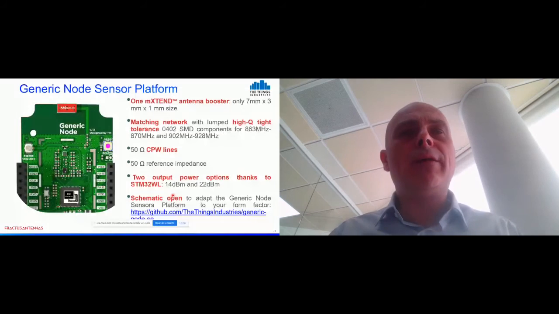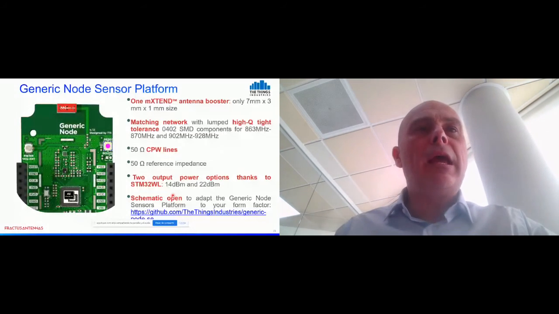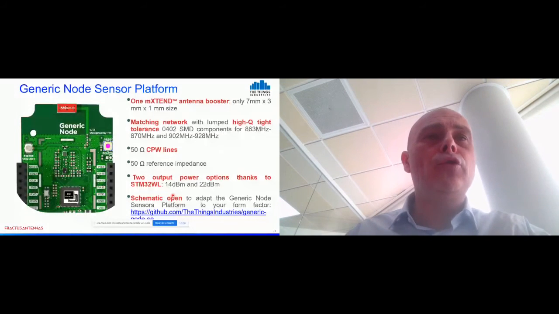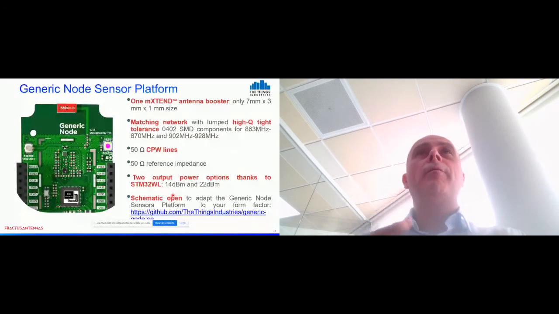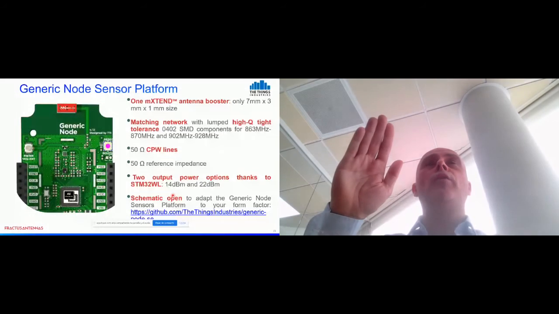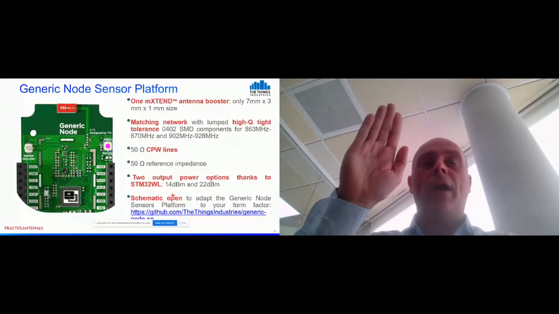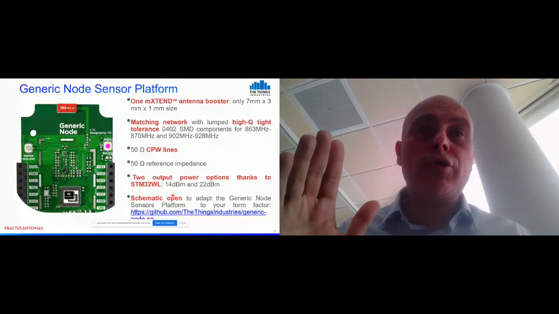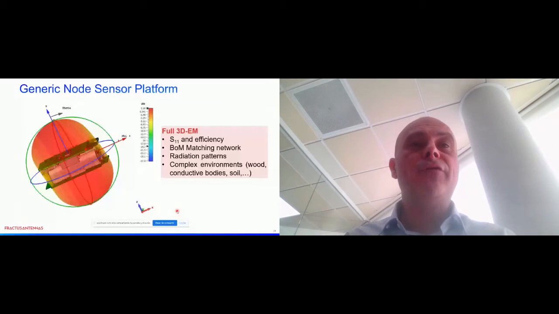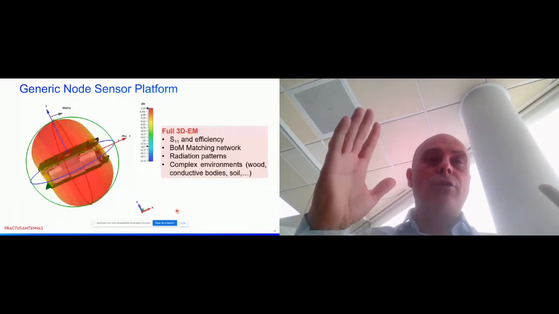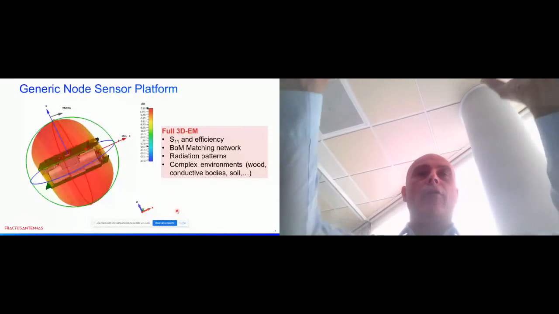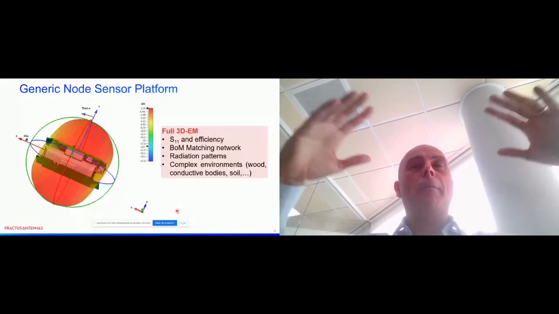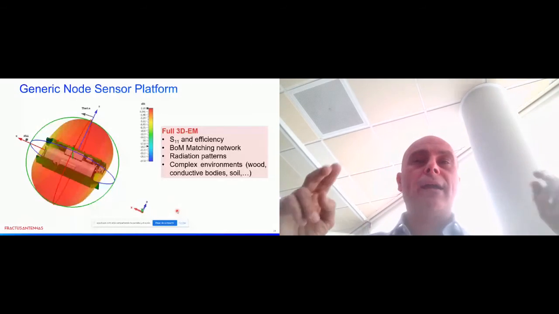Also, what we did with our colleagues at Think Industries, with this kind of EDA tools, is to check radiation patterns, because what we don't want from our sensor is to have to put it in a particular way to receive. So let's check the radiation pattern to see if there is a particular direction. And in the end, what we see with the virtual antenna, with this small platform, is that the radiation pattern is almost isotropic.